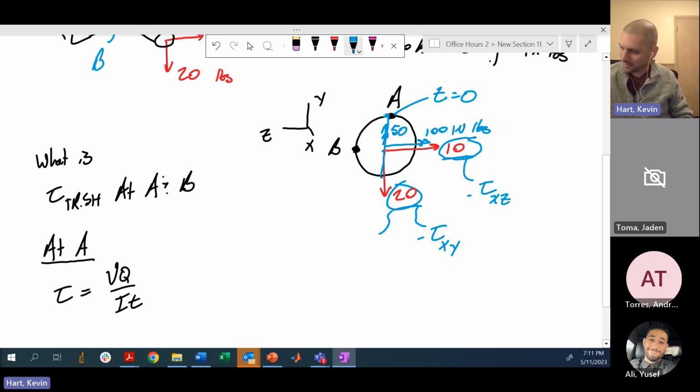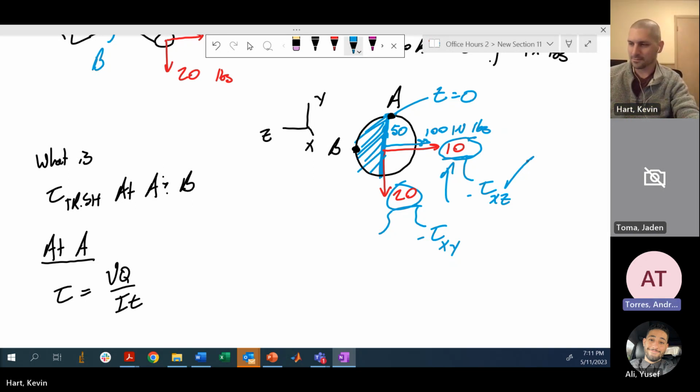That looks like this. Now that's separating my cross section into two areas, the highlighted one I made on the left and the non-highlighted on the right. So with the 10-pound load, there will be some contribution of tau xz because the Q value will not be 0 in this case. Is that clear? Yeah, that makes sense.